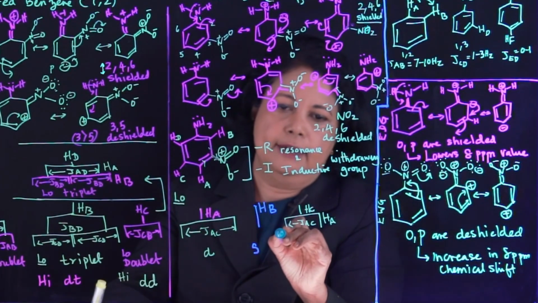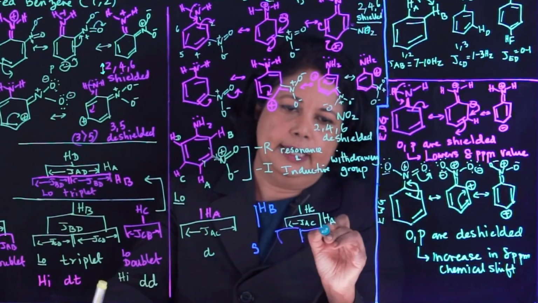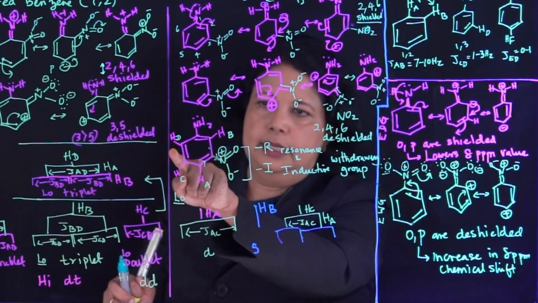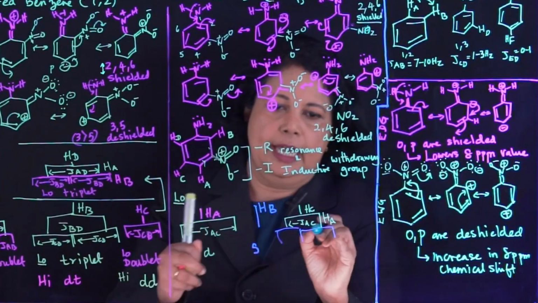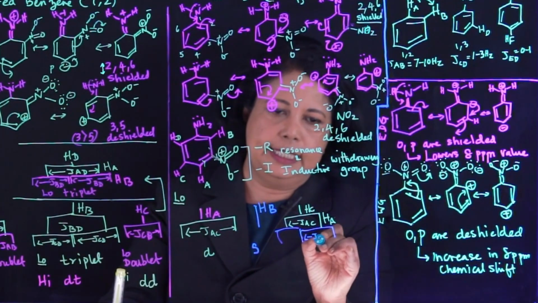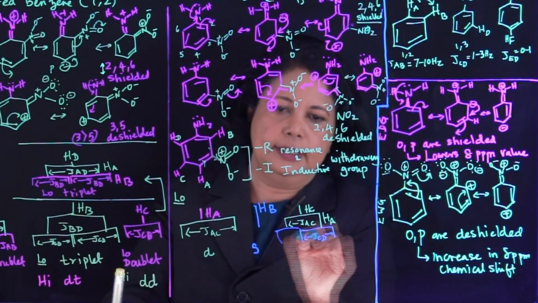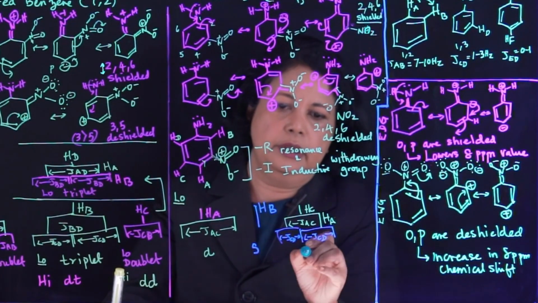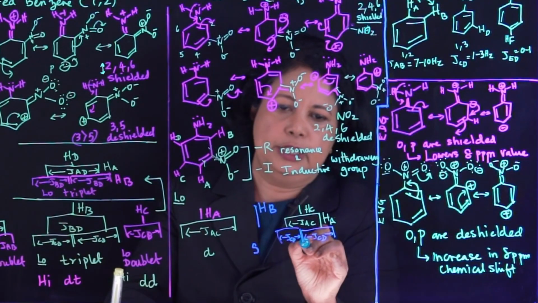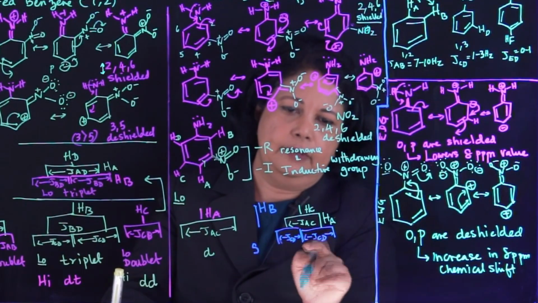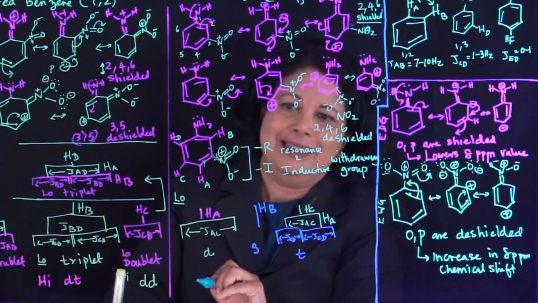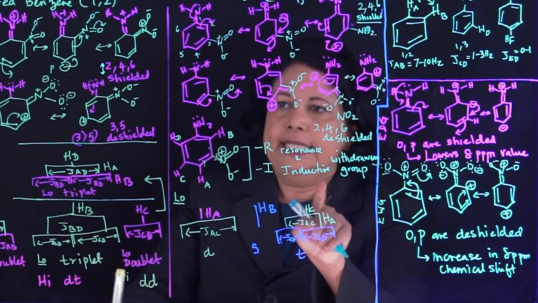So you would have a splitting of those 2 peaks by this HD, so you would have a JCD coupling constant here, and they would be almost equal here. So you would expect to see these two merging and giving you 3 peaks, which is a triplet. So we have A, B, and C taken care of.